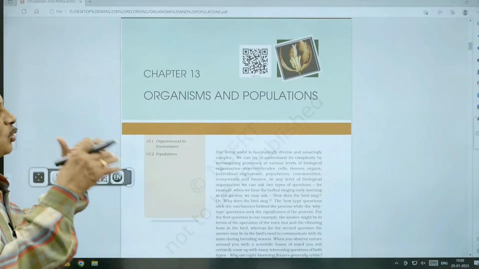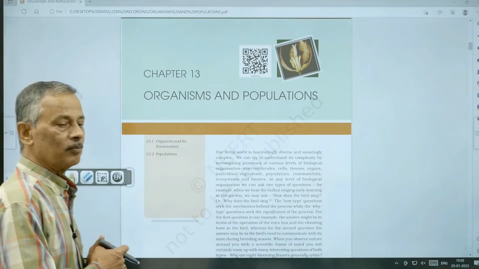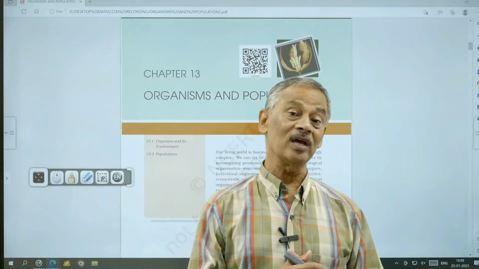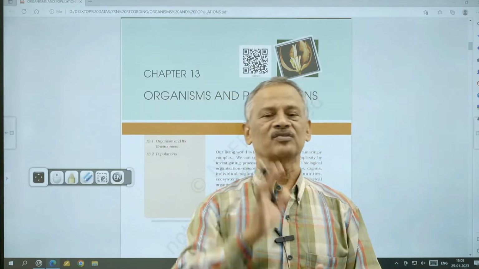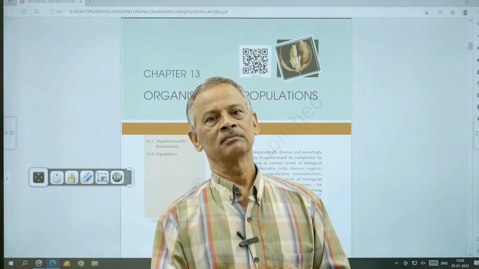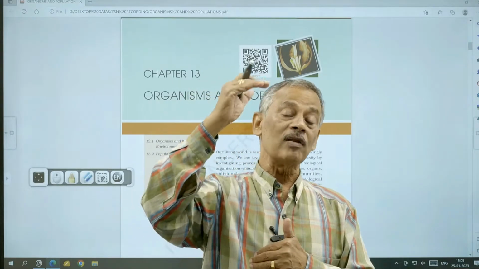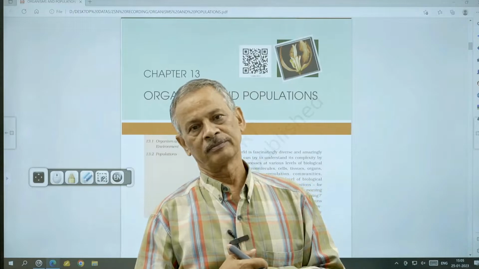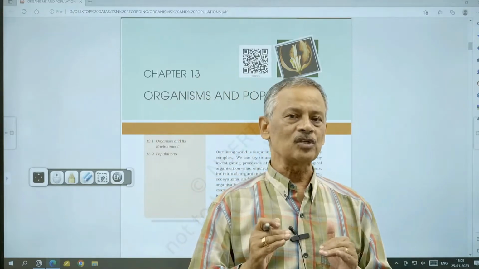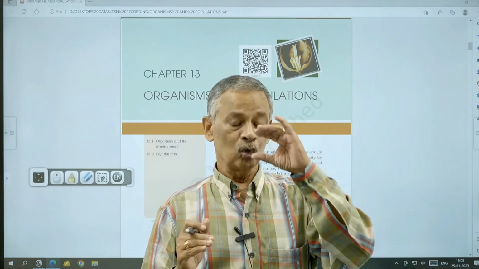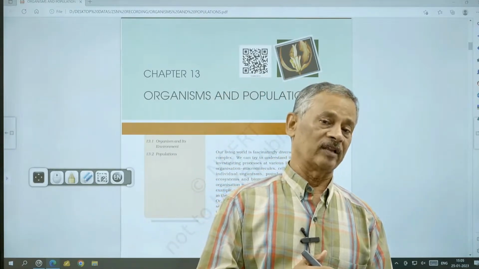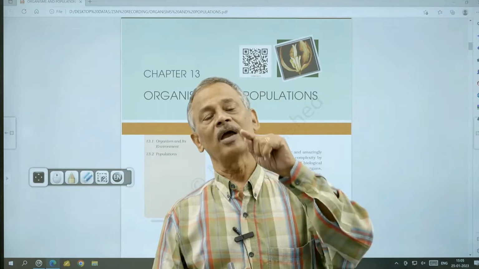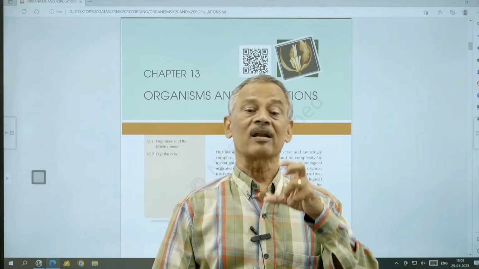All biomes together will constitute the biosphere. What is biosphere? That part of the world where living things are present. So that is the 4 levels of organization. Here we are now studying only the 2 lowermost grades of organization, that is organism and population, because they are all simple.